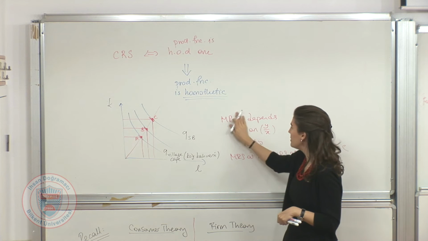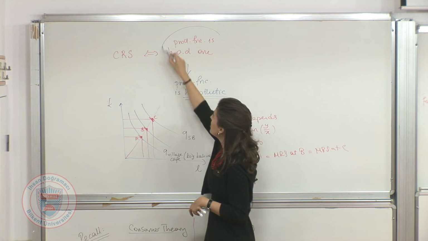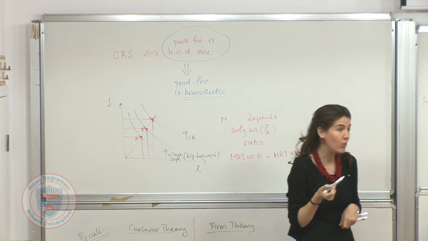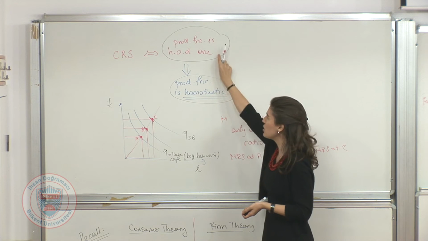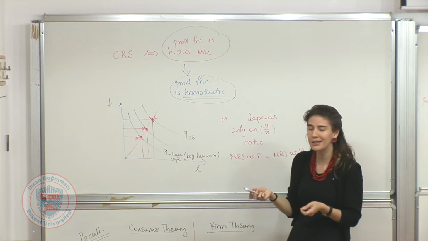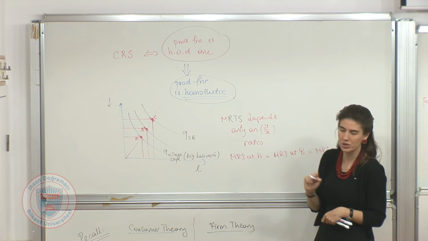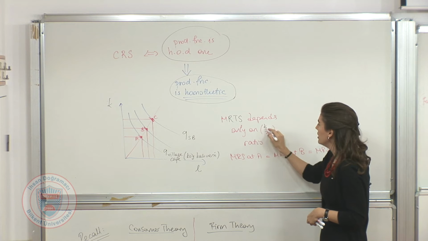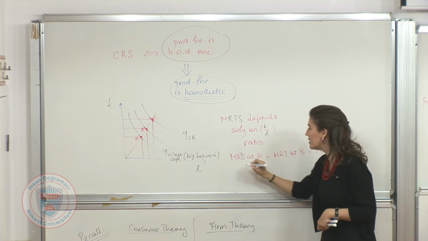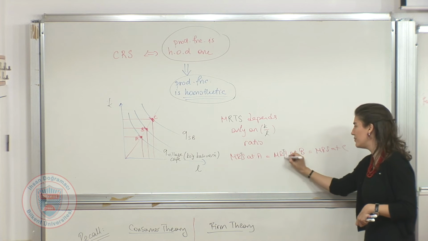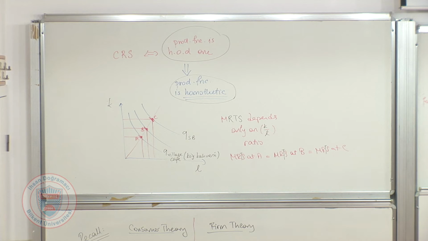And also it means that when there's constant returns to scale, we know that the production function is homogeneous of degree 1. And we know that if it's homogeneous, then the production function would be homothetic. Then it would mean that the marginal rate of technical substitution depends only on the K over L ratio, okay? And the marginal rate of technical substitution at A, at B, at C, they're all the same, right?